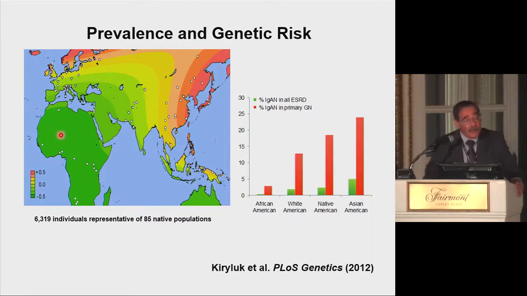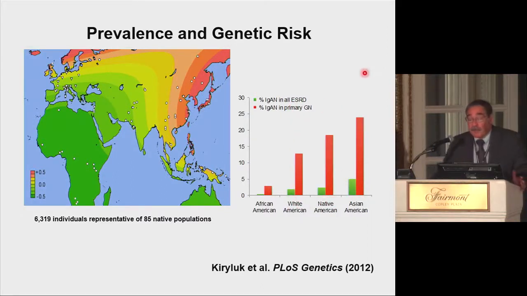If you look at a US population, and you're looking in red at the percentage of IgA in primary renal disease, primary GN, you can see it's uncommon in African Americans, more common in whites, more common in Native Americans, and in Asian Americans, people of Asian descent, the most common. And likewise, if you look at the percentage of end-stage renal disease that's IgA, it increases again. It's most in Asians here.